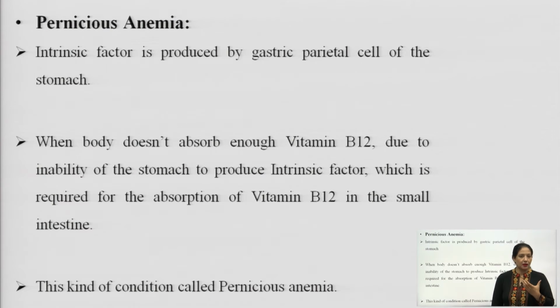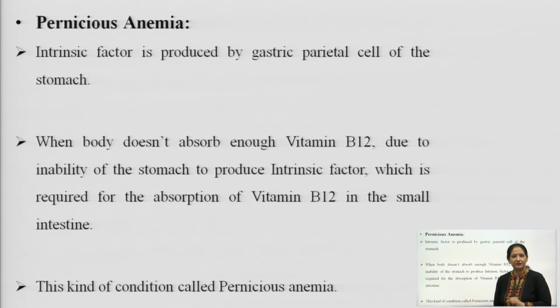If the intrinsic factor is not properly present, or the gastric parietal cells are unable to produce such intrinsic factor in the stomach, then the proper amount of vitamin B12 is not absorbed through the GIT tract, and ultimately vitamin B12 deficiency will occur, and this type of anemia is called pernicious anemia.